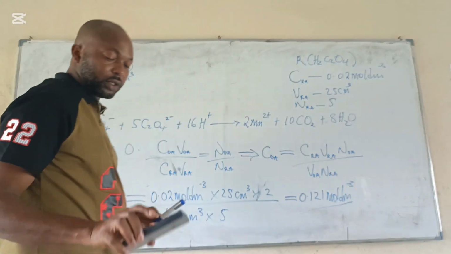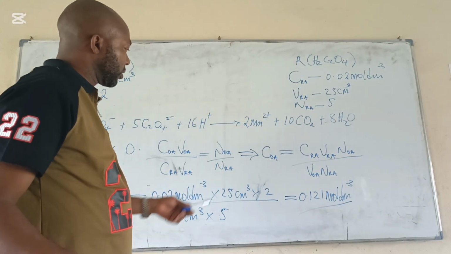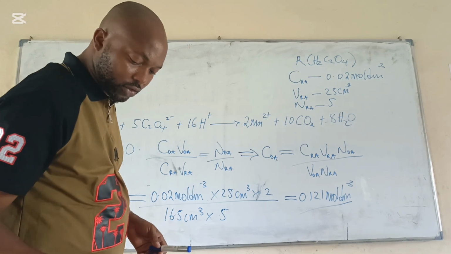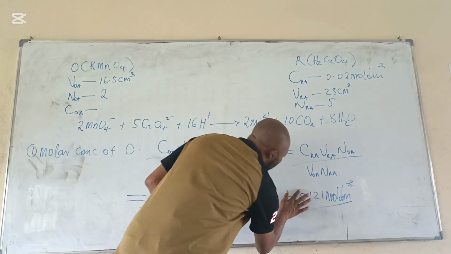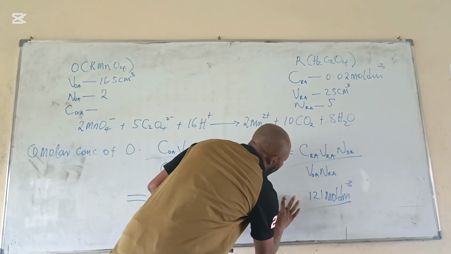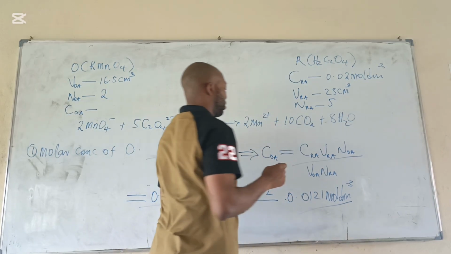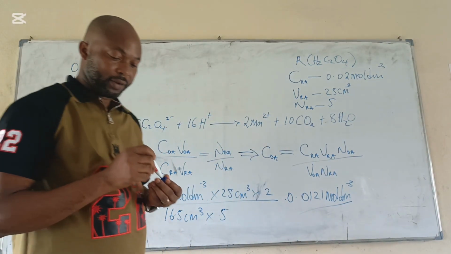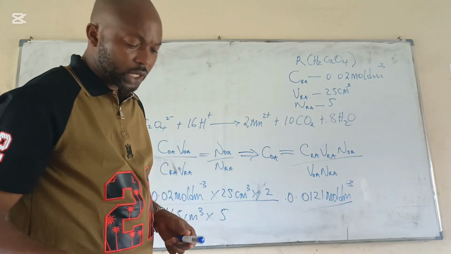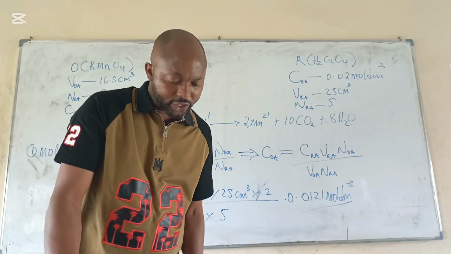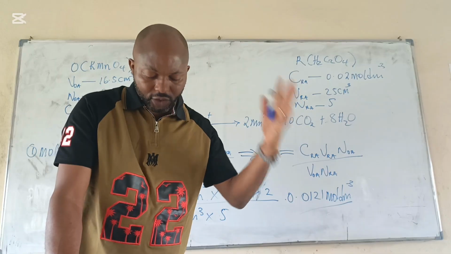So now I've gotten 0.0121. Okay, good. So now we have the concentration of the oxidizing agent.